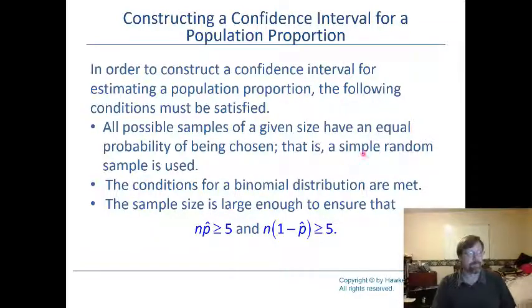First off, and as we saw previously, we have to have a simple random sample. We also need to meet the conditions for a binomial distribution for this, and we have to have a sample size that's large enough that our sample size times the sample proportion is greater than 5, and the sample size times 1 minus the sample proportion is greater than 5.